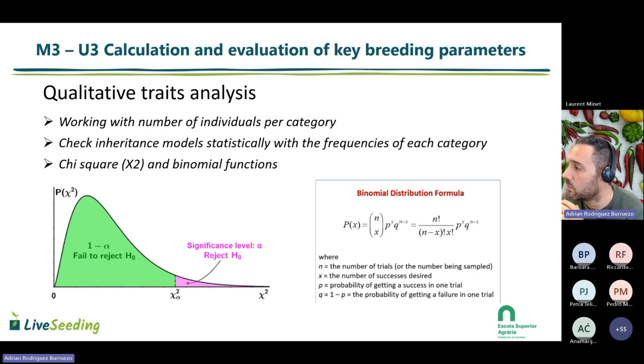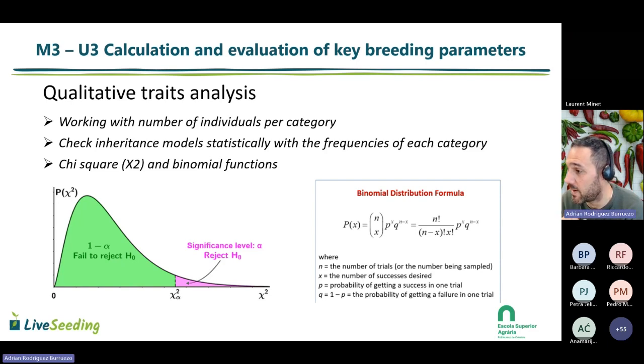And to work with this kind of data, number or frequency of individuals per category, there are two main statistical and mathematical functions to work with.